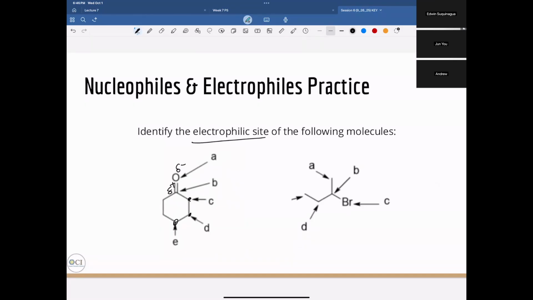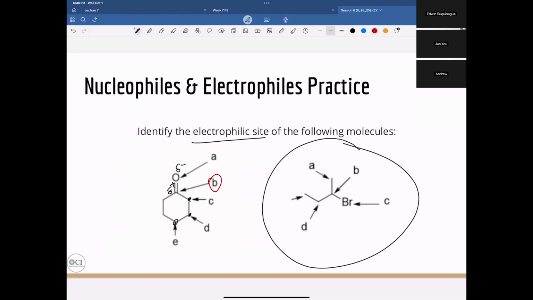What about this second molecule here? Any thoughts? C. Negative. I mean, for letter C up there, would that be the partial negative?